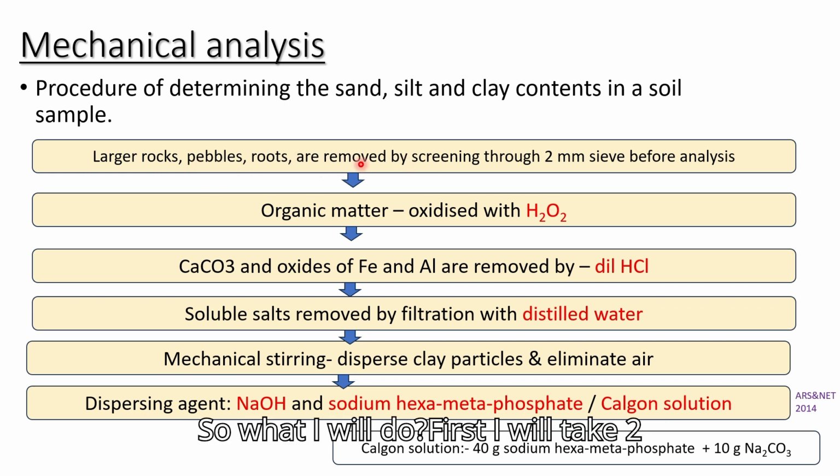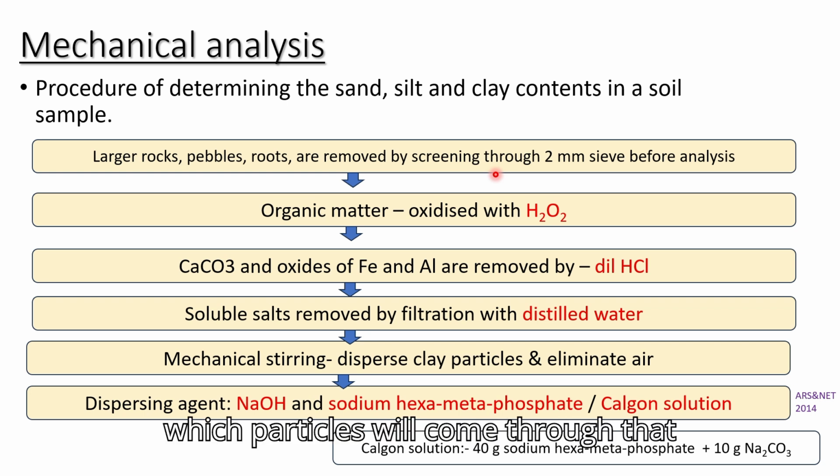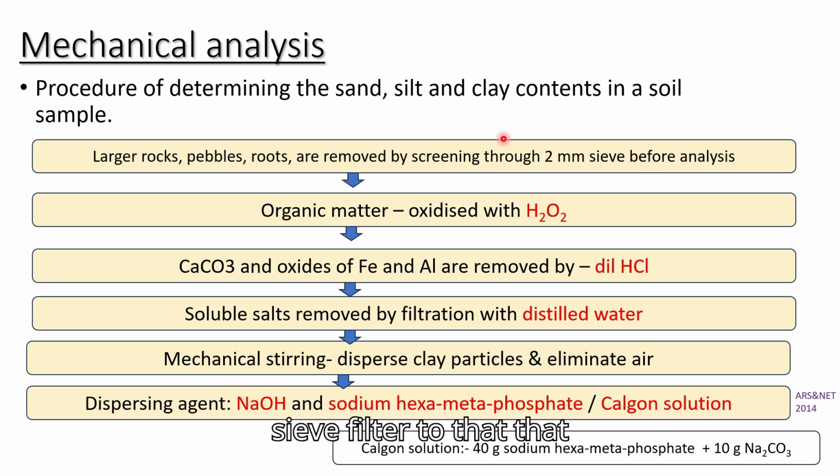So what will I do? First, I will take a 2 mm sieve. Everyone knows what a sieve is, isn't it? With this sieve, I will screen and remove large rock, pebbles, roots. The particles that flow through the sieve are those less than 2 mm in size.